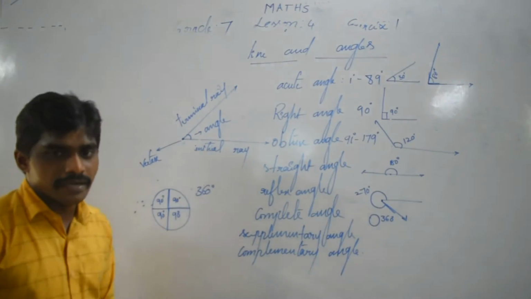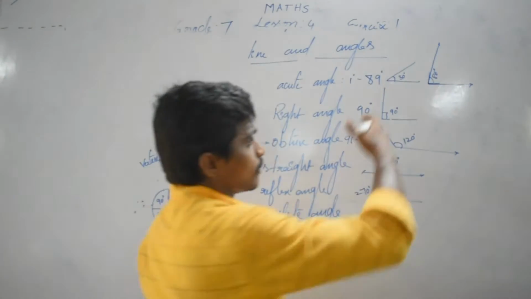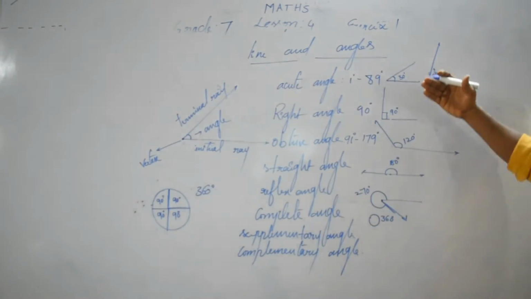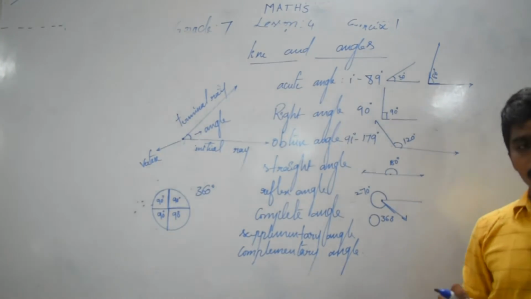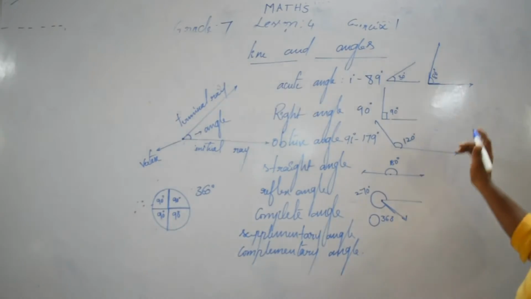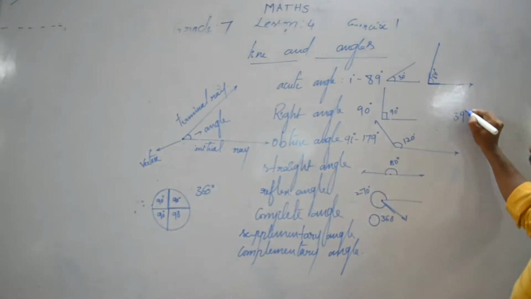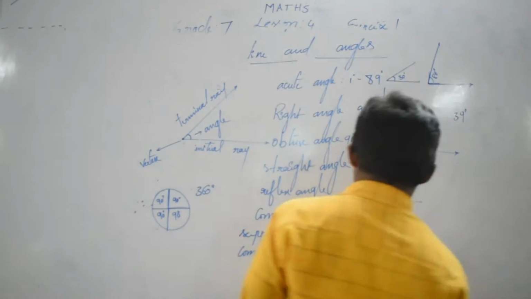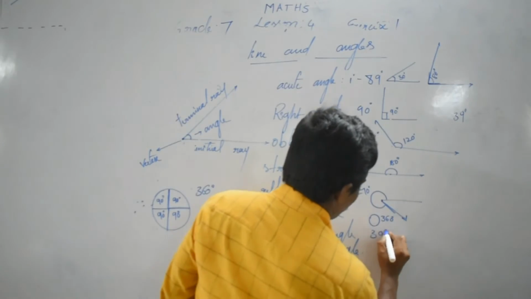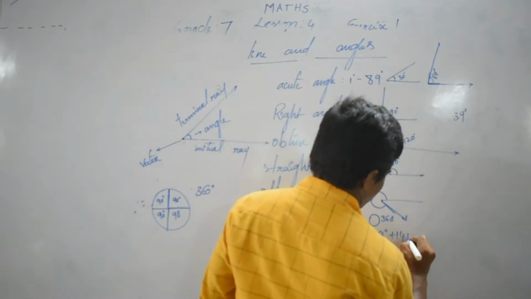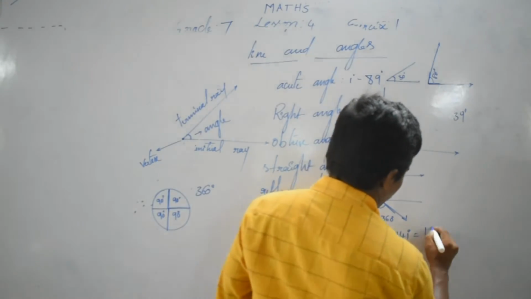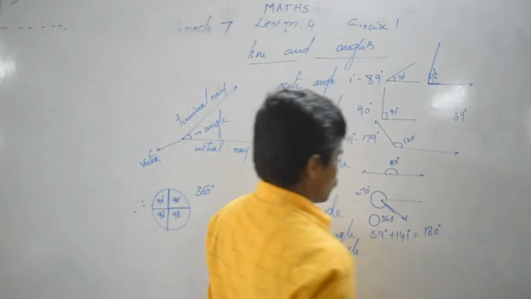What is a supplementary angle? See here, we measure some degrees. Any two angles we add, like here see 39 degrees plus 141 degrees. Total how many degrees? 180.